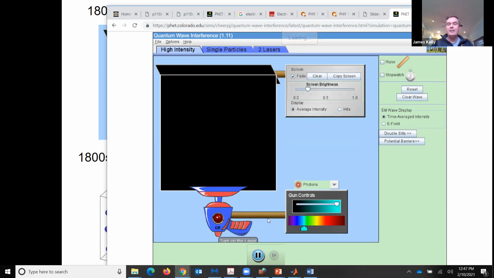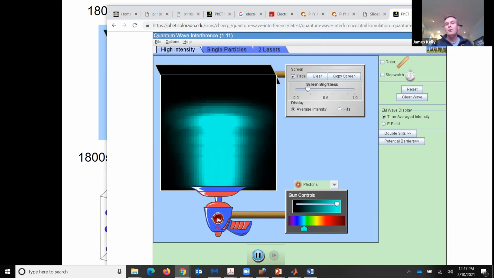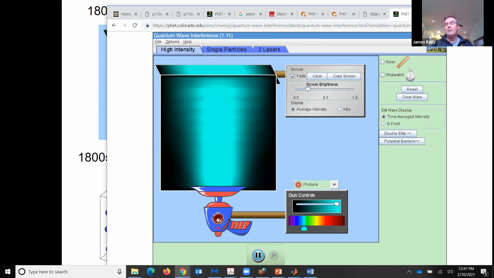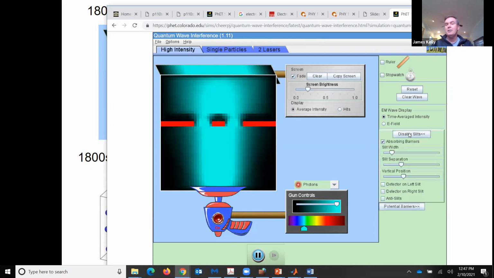The idea is I can choose the color, the wavelength of my laser beam, and turn it on, and the laser beam forms a pattern on the screen. Of course, it's just a single bright region if I don't have anything in the way. I can put the double slits in the way. And if I were imagining that this light beam is made of particles, I would expect to see a bright spot here and a bright spot there.